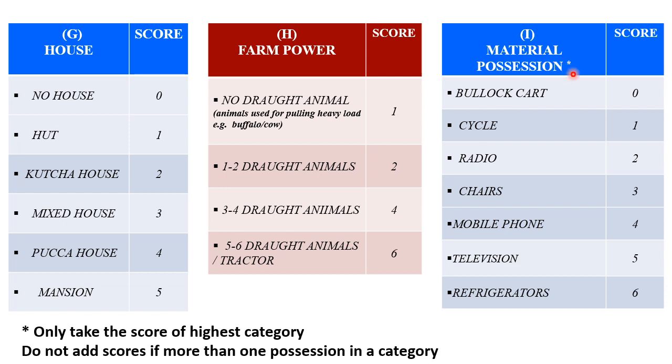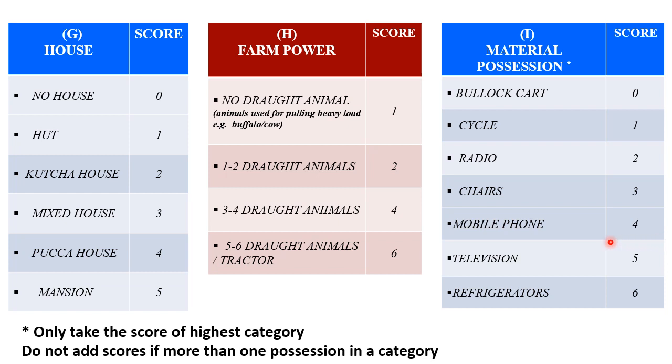Then the last one is material possession. Only take the score of the highest category and do not add scores if there is more than one possession in a category. Like if they have a mobile phone, then only take 4. That is the highest score. If they do not have a television or refrigerator, then take the score of the mobile phone. If they have 3 or 4 mobile phones, do not multiply this score.